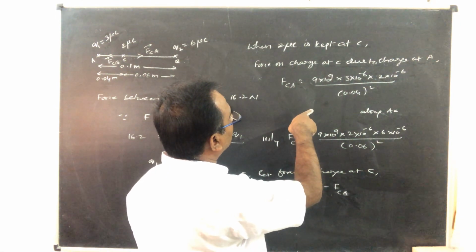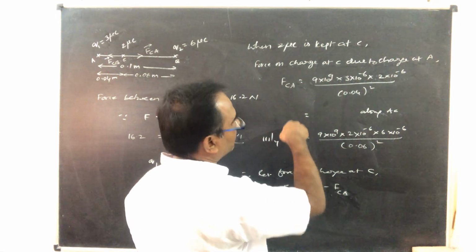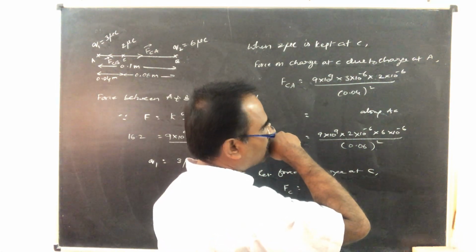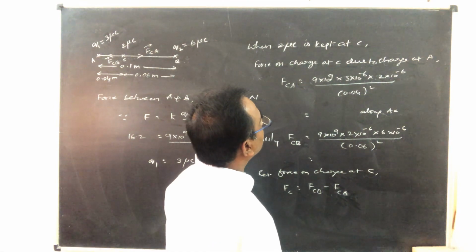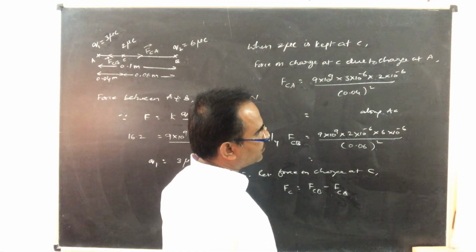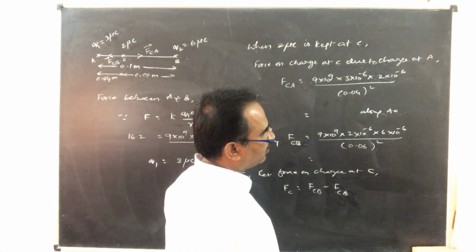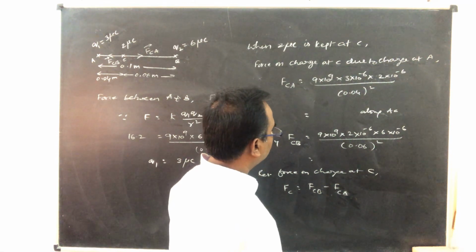6 by 16. Something, FCA is larger. 6 by 16 is 3 by 8.